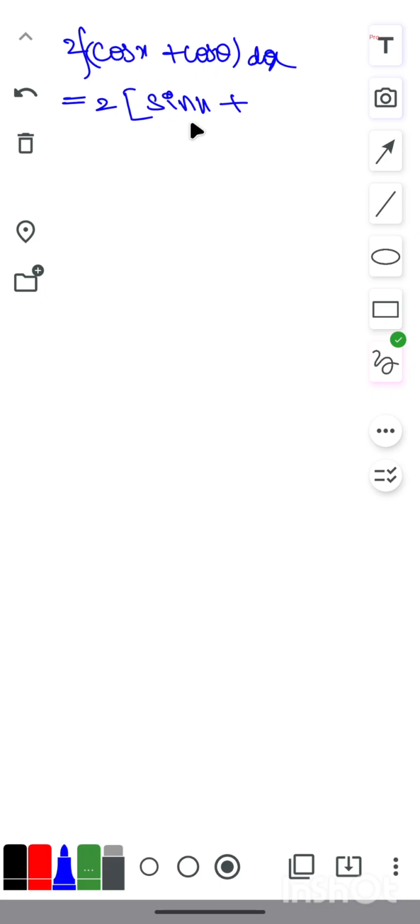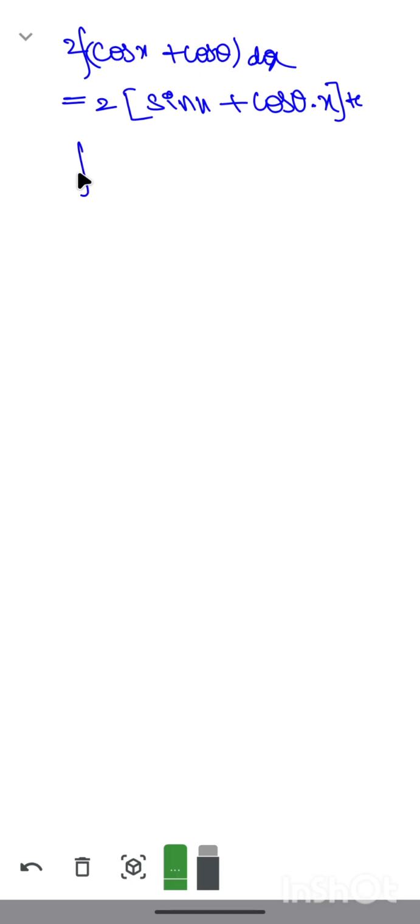So integration of cos x is sin x. Here cos theta is to be considered a constant, so I wrote that one as it is. Integration of any constant into dx is nothing but constant into x plus c, so cos theta into x plus c. I hope you have remembered the formula for integration of k into dx: k we keep outside the integral, remaining is only dx, that is k into integration of dx, which is x plus c.